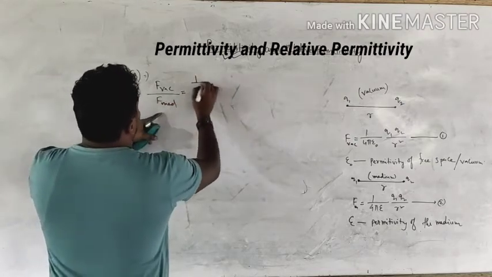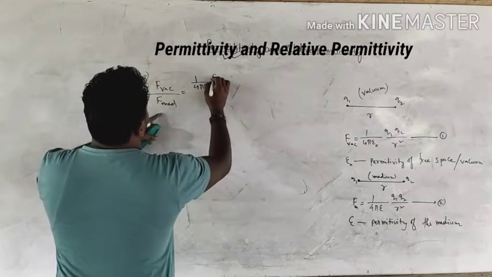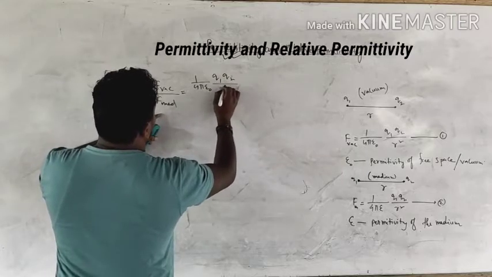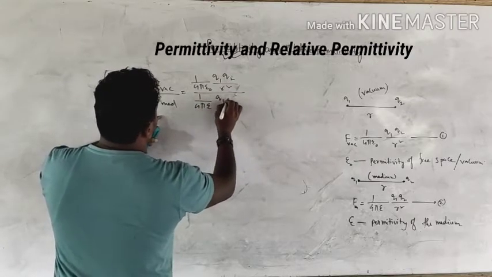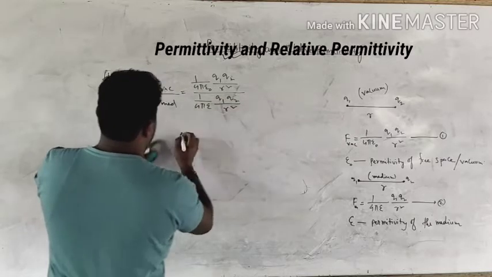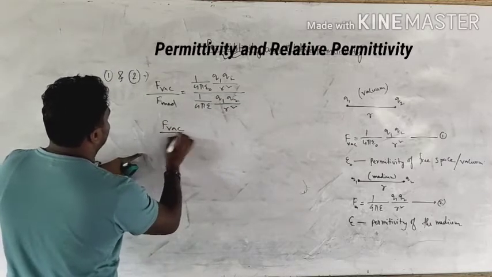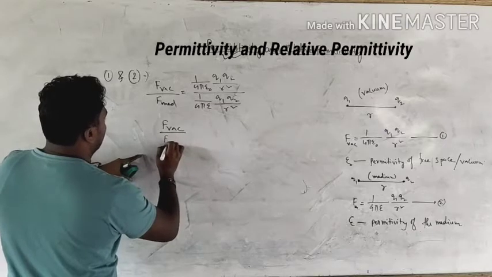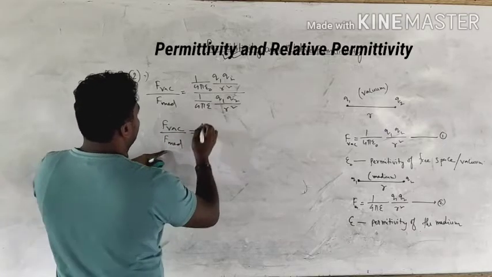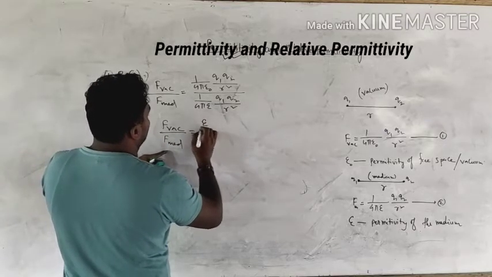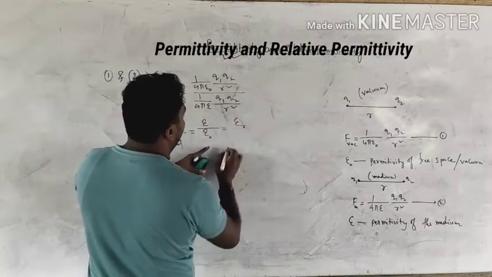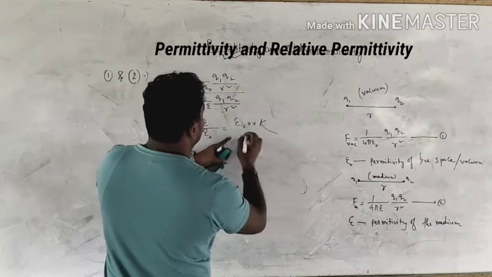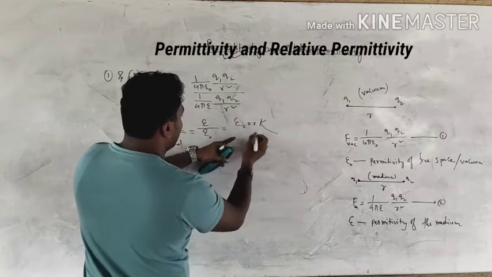What we will find is 1 by 4 pi epsilon naught Q1 Q2 by R square divided by 1 by 4 pi epsilon Q1 Q2 by R square. As a result, F vacuum divided by F medium will be equal to epsilon divided by epsilon naught. This ratio is said to be epsilon R, or it is said to be K. What does this epsilon R or K mean?